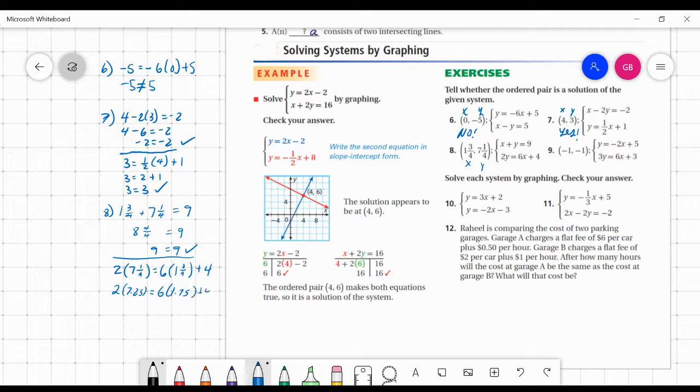If that makes it easier for you. So we have 14.5 here, and then 6 times 1.75 is 10.5, and then 10.5 plus 4 is 14.5. So that works as well. So number 8 is going to be a yes.